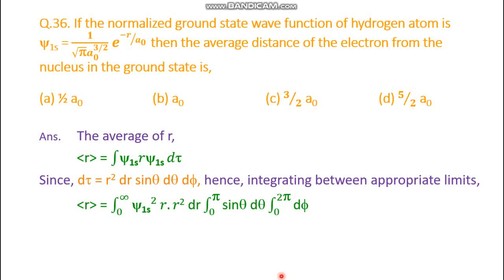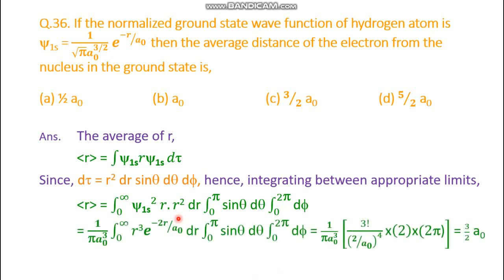Now the value of these three integrals: from the first one it is 1 over pi a0 cube, then integration 0 to infinity of r, then r squared, that means r cube.